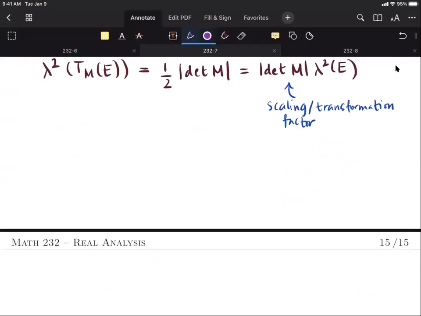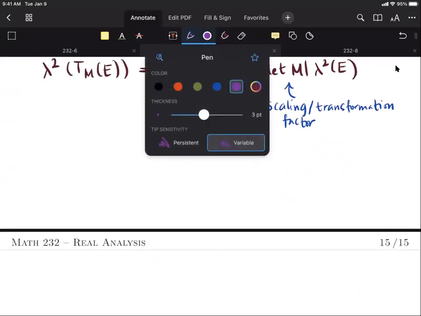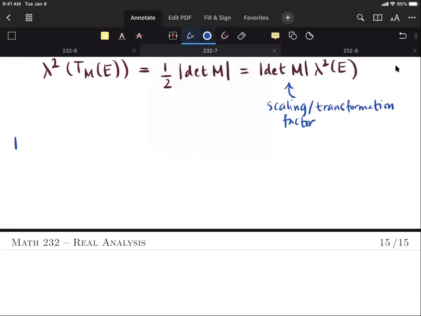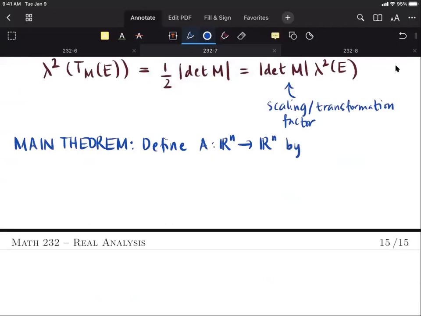In fact, this is what is our main theorem in this section. So if we define A from Rn to Rn as follows.